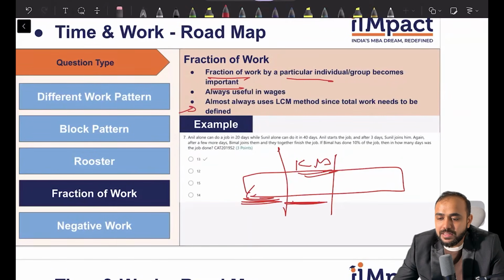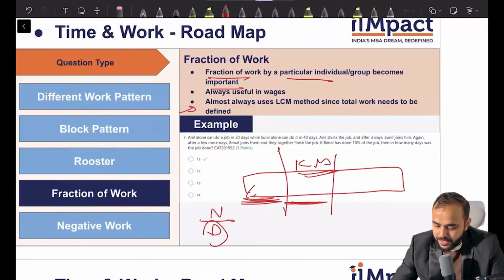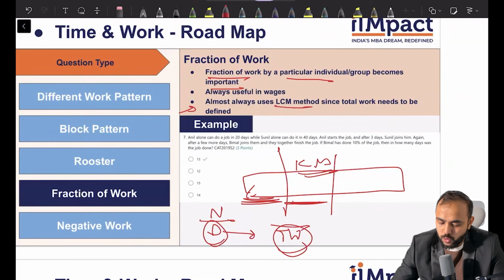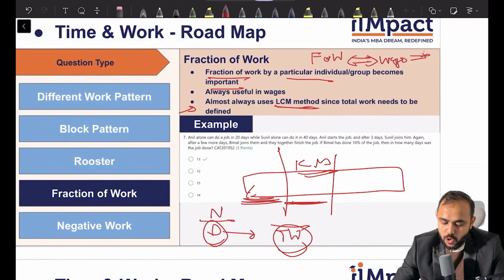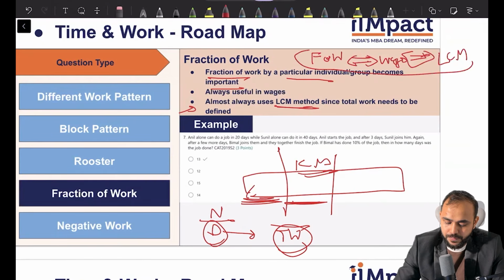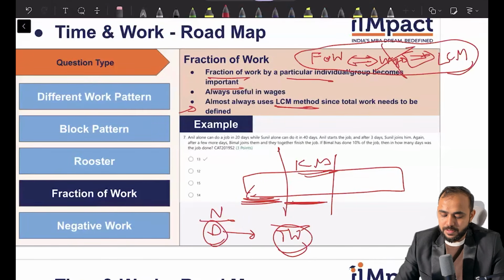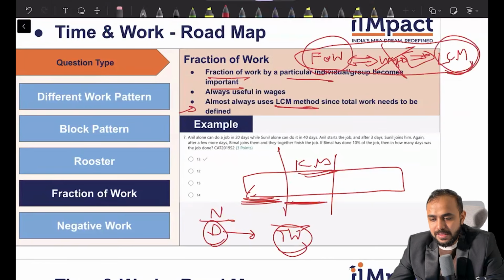Secondly, when you are writing the fraction, it should have a numerator and denominator. Denominator would always be total work, a quantity that you will have to define. And how do we define the total work? Through the LCM method. So fraction of work works along with wages, works along with the LCM method. You might not have wages, but fraction of work will always have the LCM method getting used.